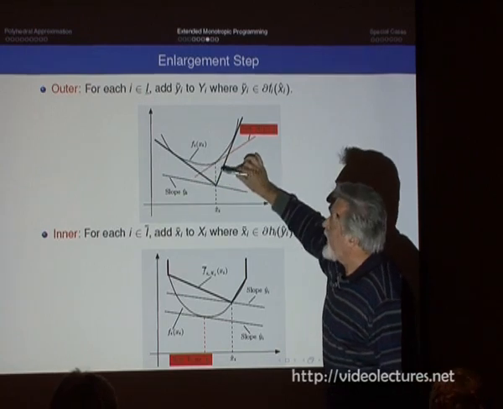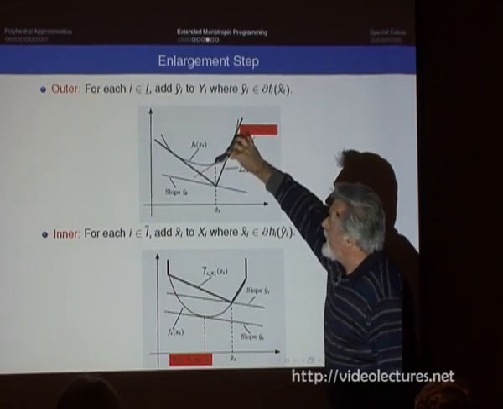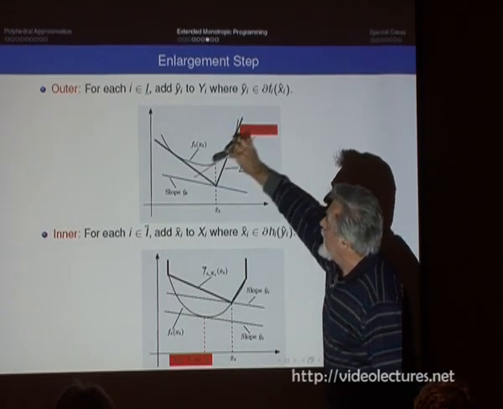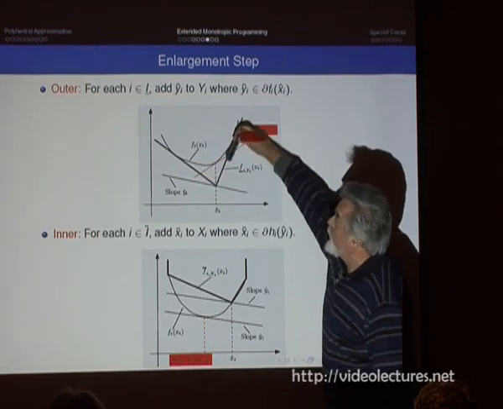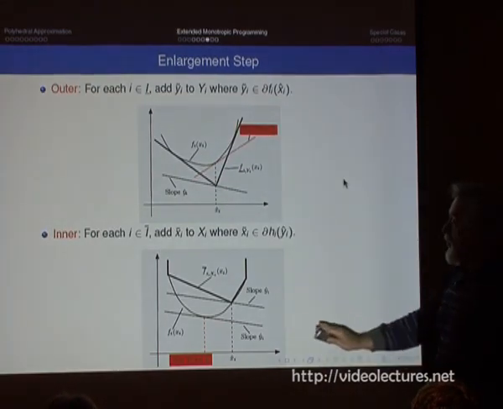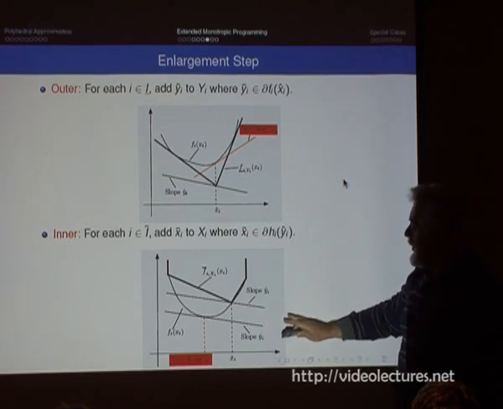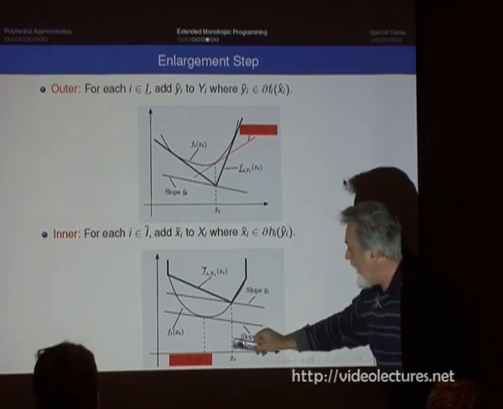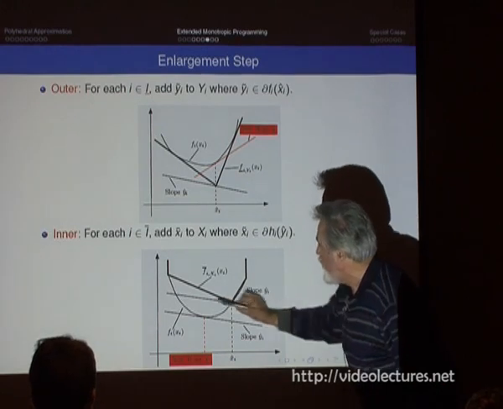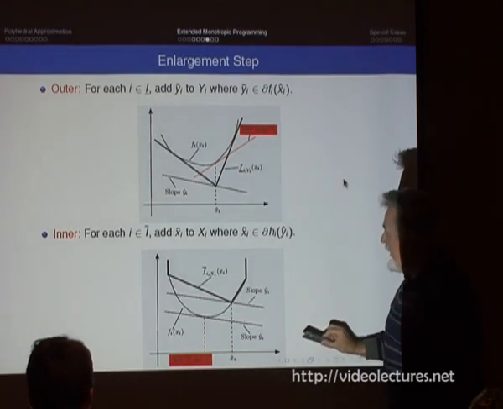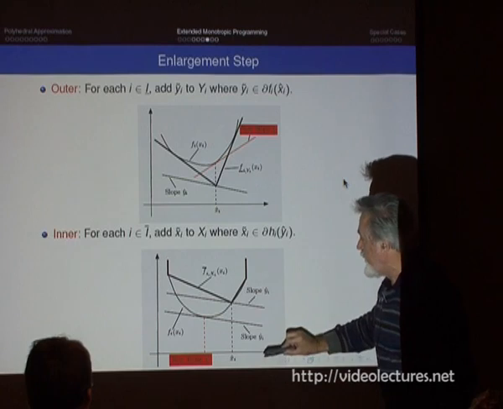And it's not a flat subgradient, okay? It's just a subgradient that happens to be at this point. And we add this to these two slopes. For the inner function, it's a different kind of process. We find x hat, and we have the slope y hat. And these solve the approximated problem.